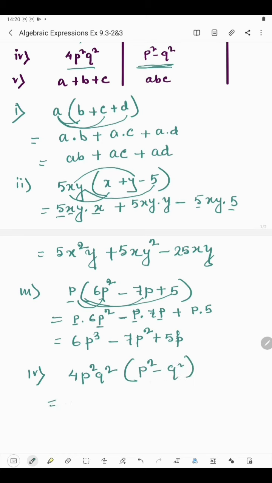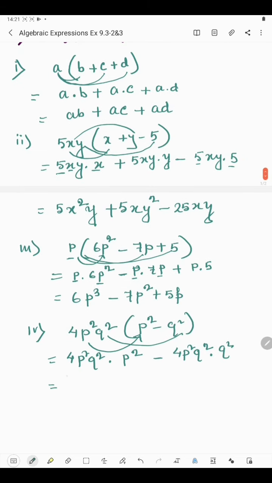Okay, now we'll multiply the first term of the binomial with the monomial, so it's 4p square q square multiplied by p square. Then we have minus sign. Now again the monomial should be multiplied by the second term of the binomial. So it's 4p square q square multiplied by q square.